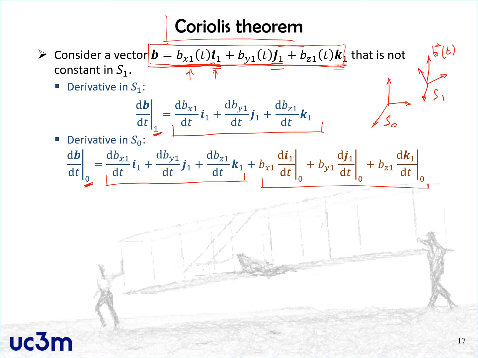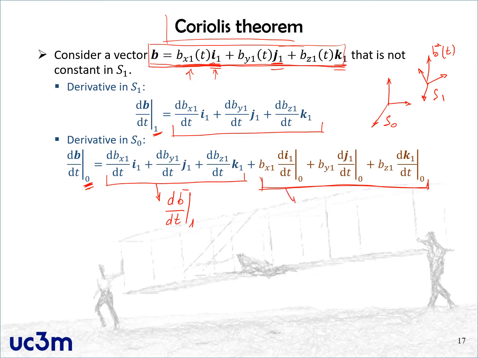On the one hand, we have exactly the same as we had before, so we can identify this with the derivative of b in 1. But new terms appear in the derivative of the vector in reference frame 0, which are related with the derivatives of the vectors of the basis 1.